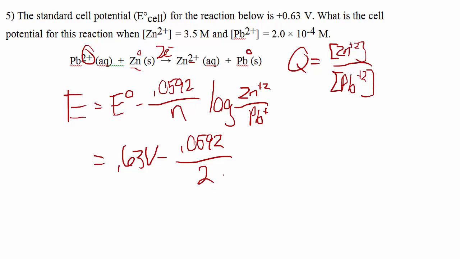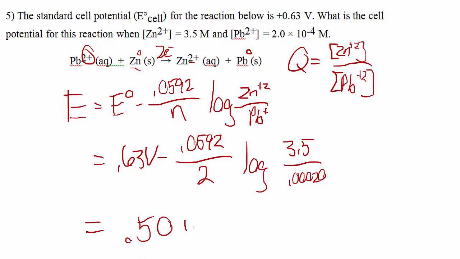So it's over 2 times log of Zn, which is 3.5, all over the Pb, which is 0.00020. And what do we get? When we plug that into a calculator, we get 0.50 volts. That's our answer. Well, 0.504, which would be 0.50 with sig figs.